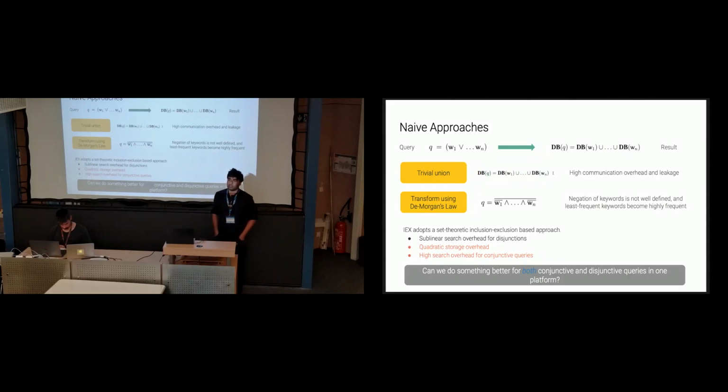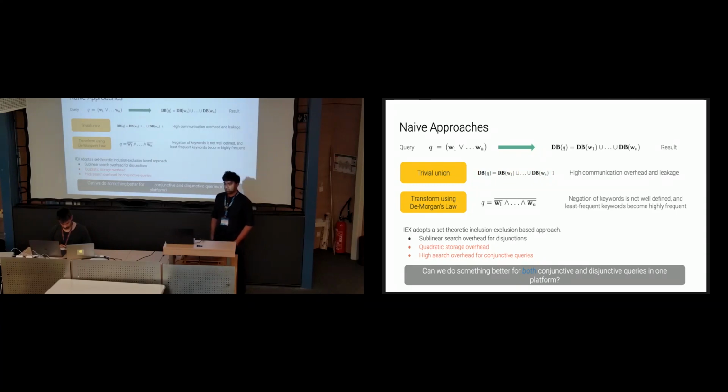IEX circumvents these issues by adopting an inclusion-exclusion based approach, and it attains sublinear search overhead, but at the same time it incurs quadratic storage overhead and also very high search overhead for conjunctive queries.